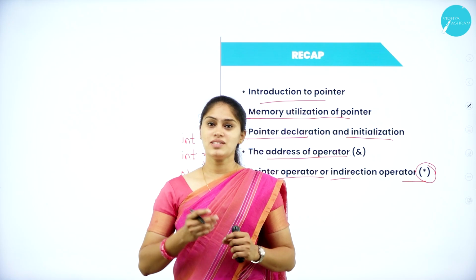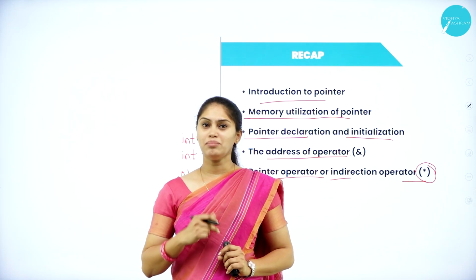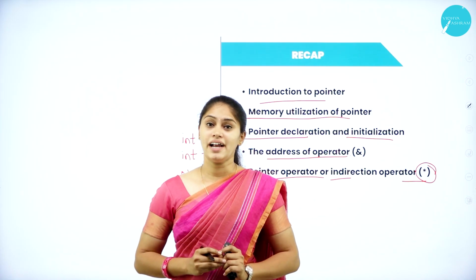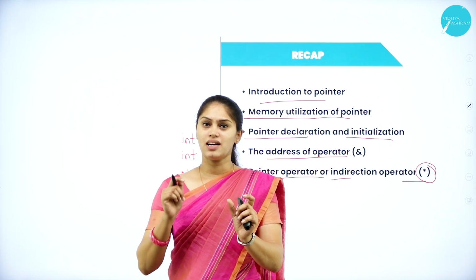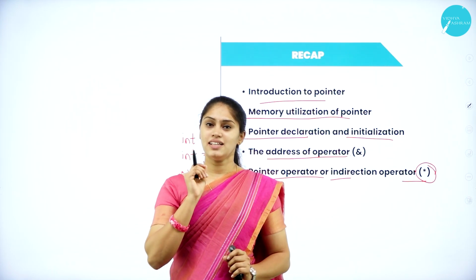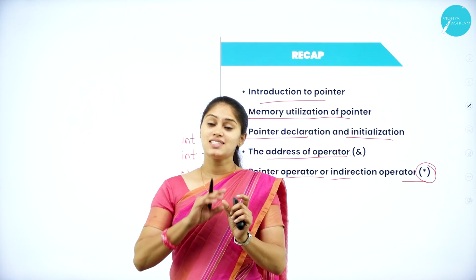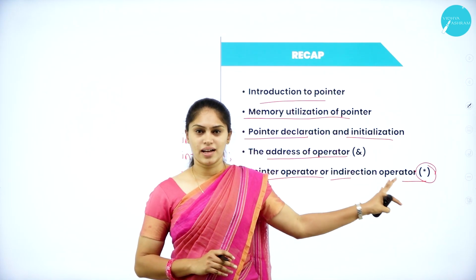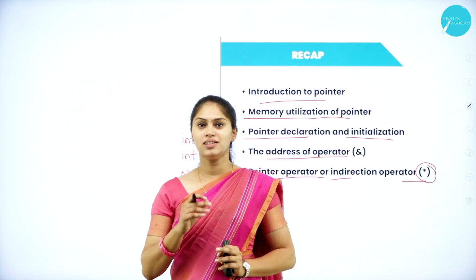But when I use the indirection operator, it will return the value which resides at a particular address. It will return the value, not the address. Ampersand returns the address and the star or indirection operator returns the value which resides at that address.